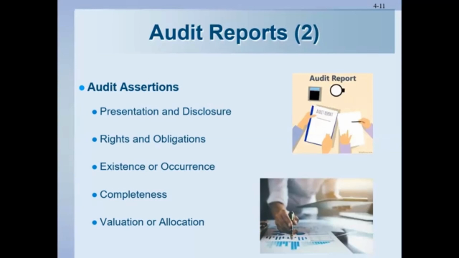Completeness means that all transactions included in the statement occurred during the accounting period that the statement covers, and that all transactions that occurred during the stated accounting period are included in the statement.